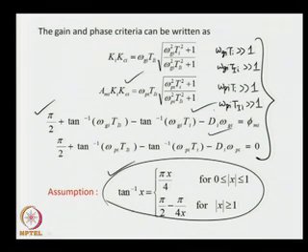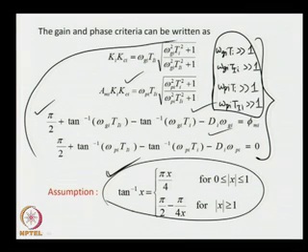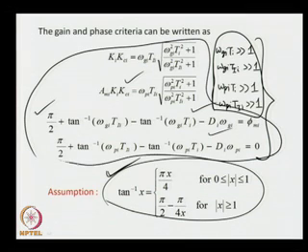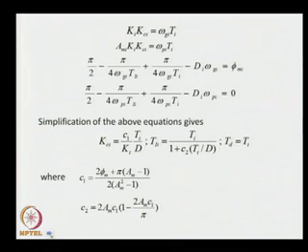So, when these four assumptions are met and the arctan function is used, then the four equations we have obtained from the phase and gain crossover points can further be written in the form of Ki Kci is equal to omega gi ti, AMI Ki Kci equal to omega pi ti.